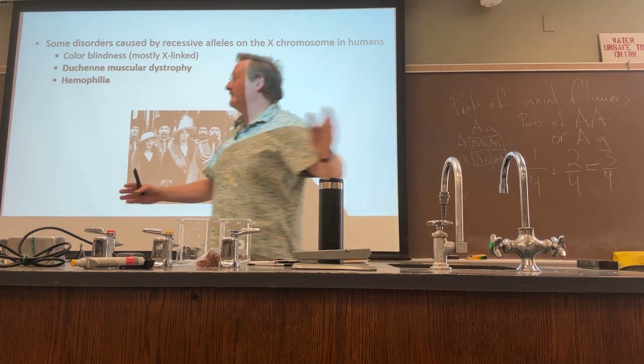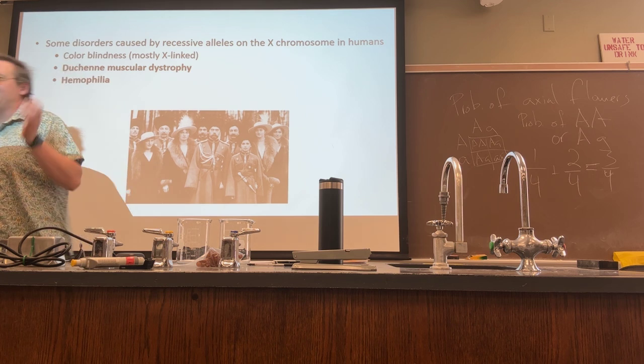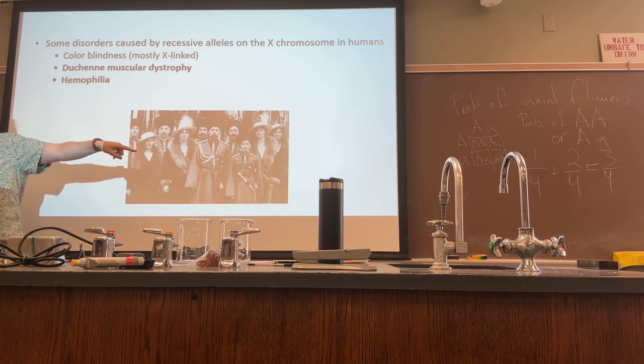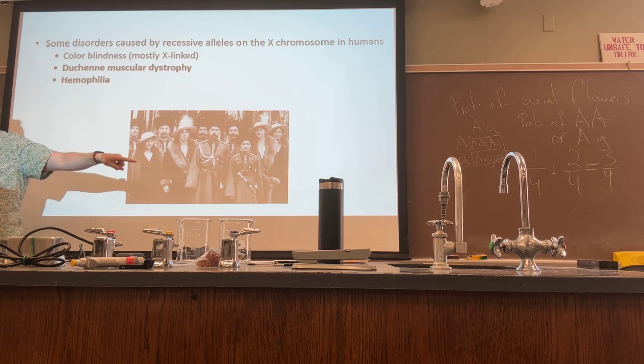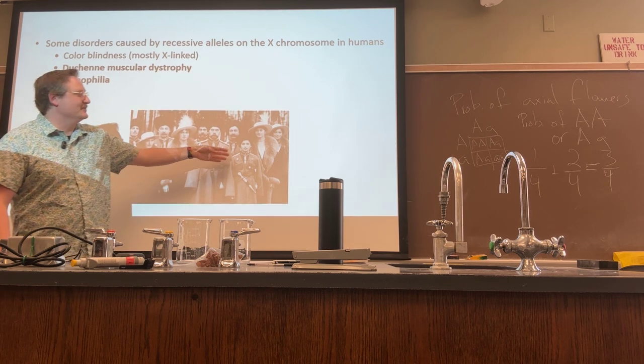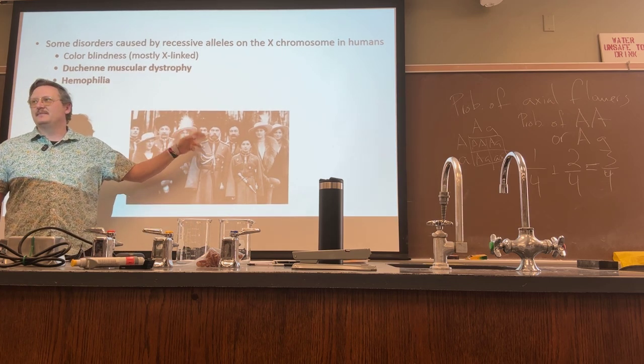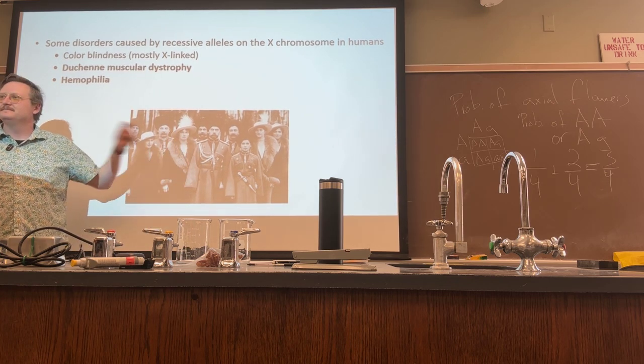But if you have an offspring who has an X chromosome and a Y chromosome, there's a 50% chance that you pass that hemophilia gene onto them. All right? Because if they have an X chromosome and a Y chromosome, they must have inherited the Y chromosome from the paternal side in the sperm cell.